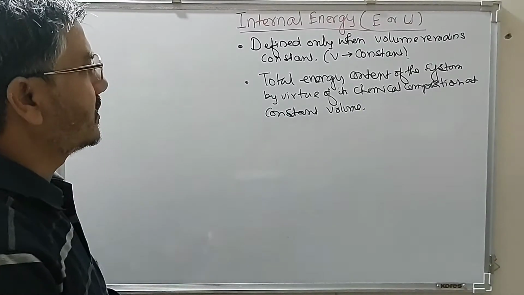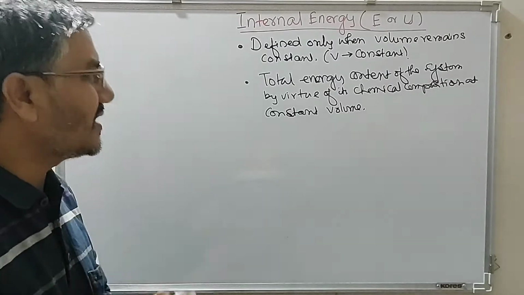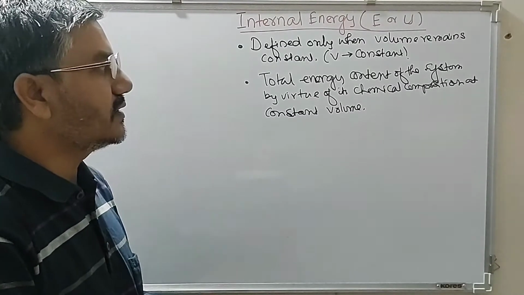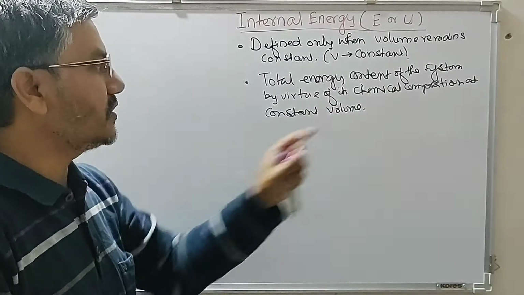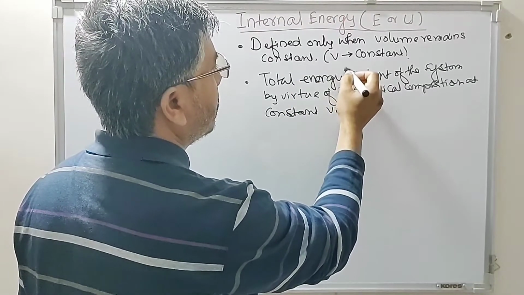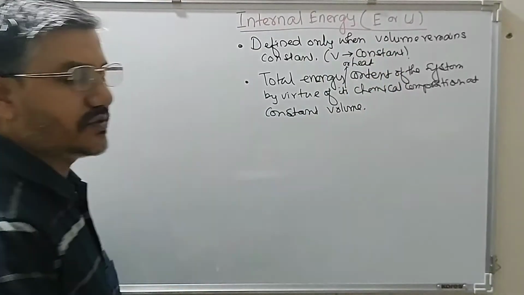That is known as the internal energy of the system, or the total heat content, total energy or heat content of the system by virtue of its chemical composition at constant volume. We can also use total energy or heat content of the system.